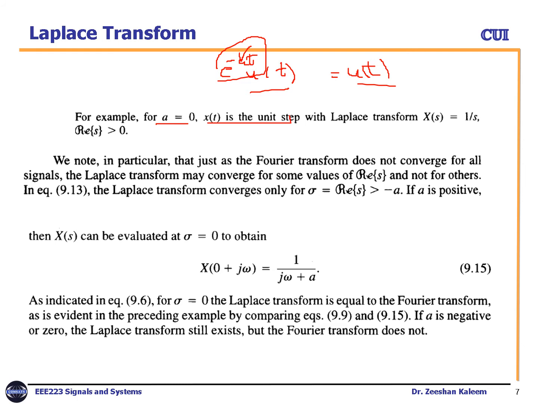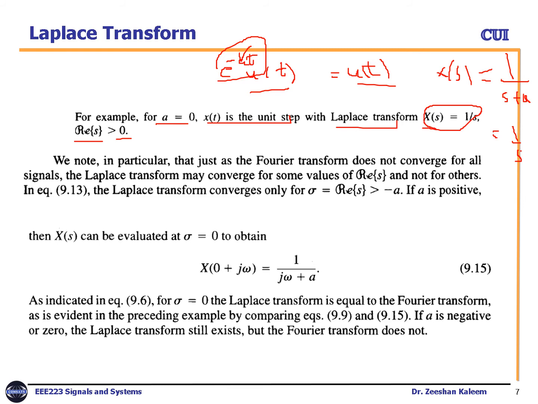So what will be the Laplace transform of the unit step function? As you know, the Laplace transform of e to the minus a t was 1 over s plus a. So when a is 0, you get 1 over s only. By using this example, we concluded that for a unit step function, the Laplace transform is 1 over s, and the real of s should be greater than 0.